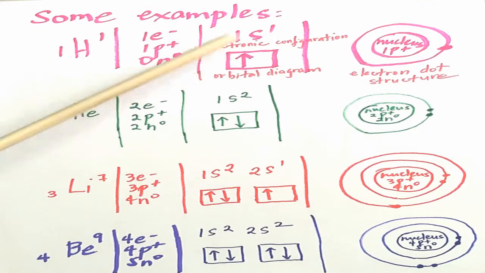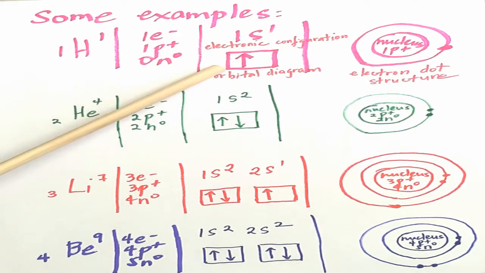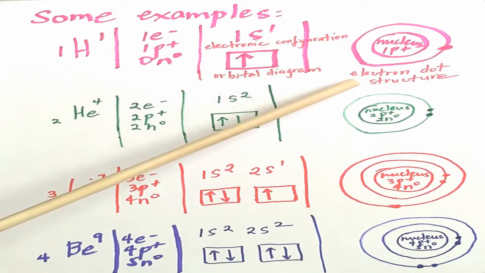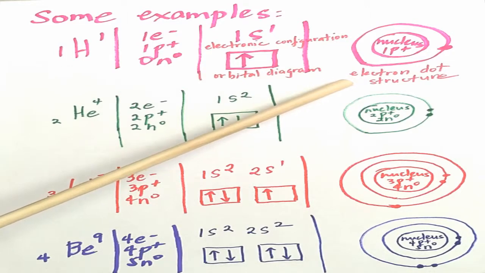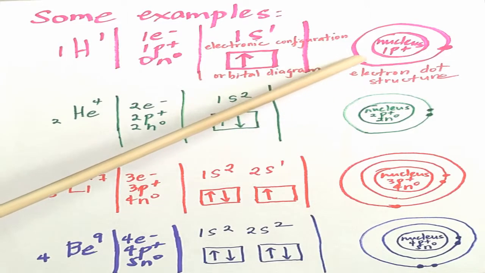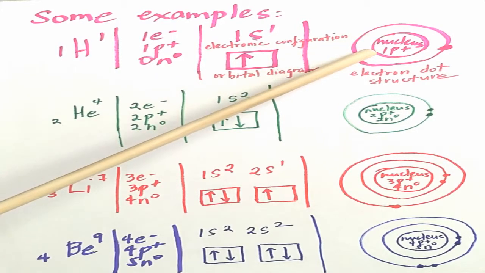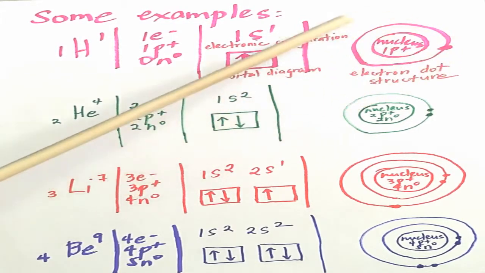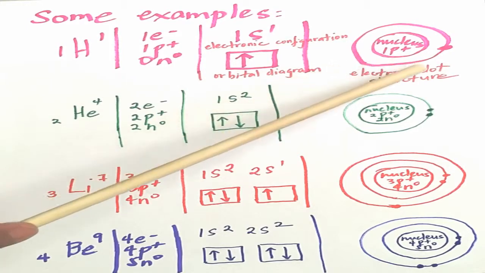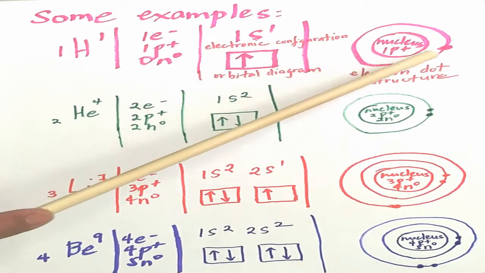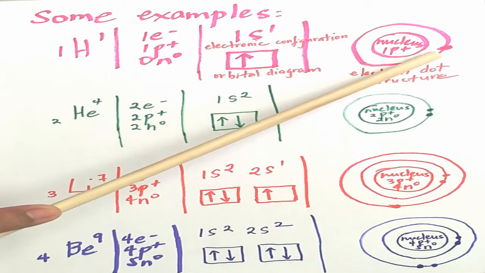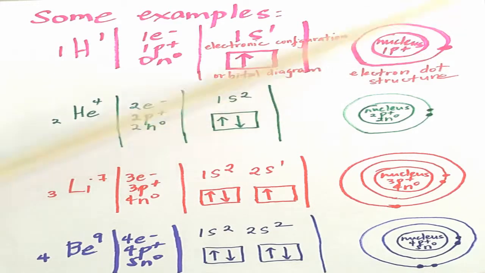Now class, remember that each orbital can only hold a maximum of 2 electrons. And if we were to do the electron dot structure for hydrogen, it will be something like this, where you have the nucleus. There's 1 proton in the nucleus, and then around the nucleus you have 1 orbital, and that contains the 1 electron represented by 1 dot.